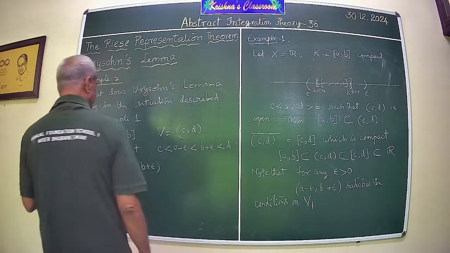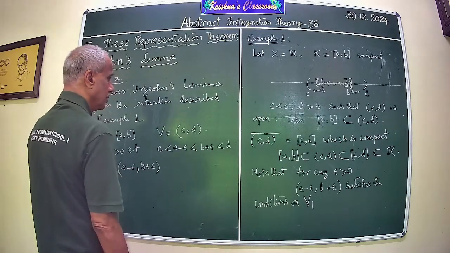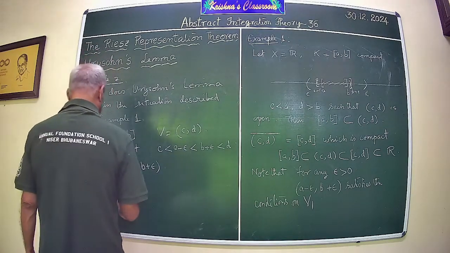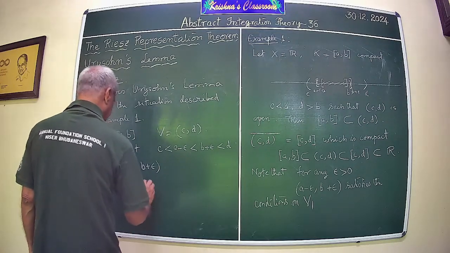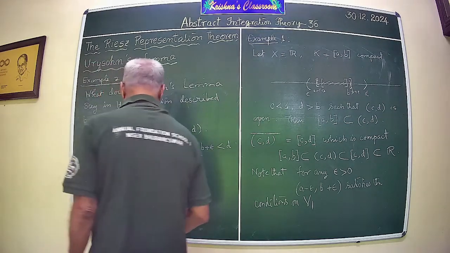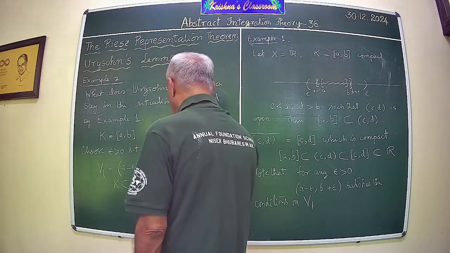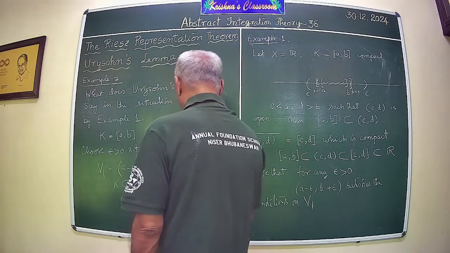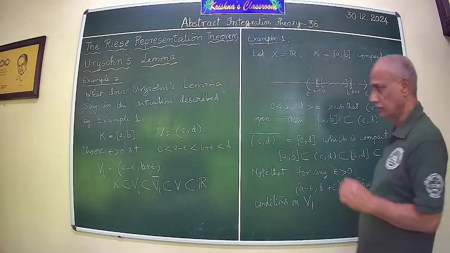Then you have the situation. The first statement is clear. K is contained in V1, contained in V1 closure, which is compact, and this is contained in V. So this is something that you have.